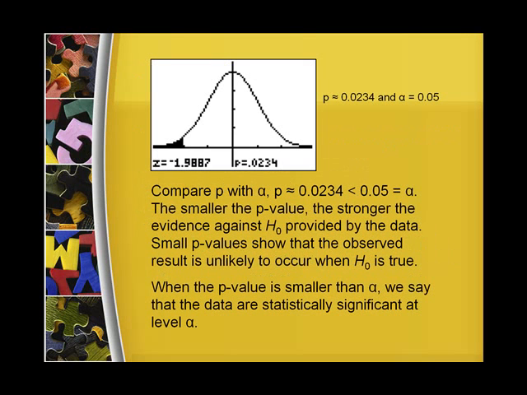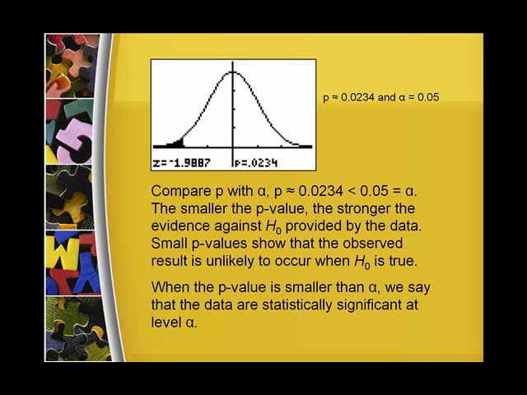Compare p with alpha. P is approximately 0.0234, which is less than 0.05, which is alpha. The smaller the p-value, the stronger the evidence against H0 provided by the data. Small p-values show that the observed result is unlikely to occur when H0 is true.